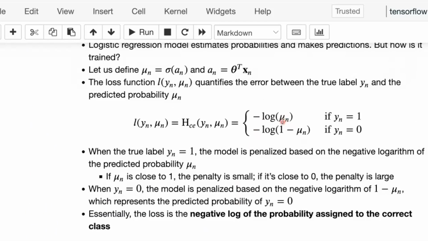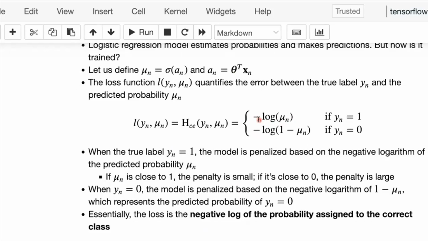So if mu n is 1, then negative log of 1 is 0. Perfect, there's no error. But you can see that as mu n gets closer and closer to 0, then this log of mu n gets closer to negative infinity, and then there's also this negative sign, which makes sure that the loss function is positive.